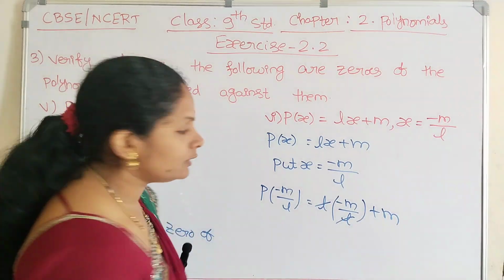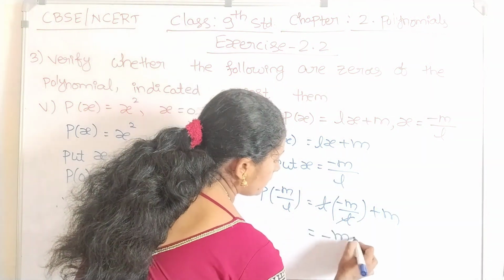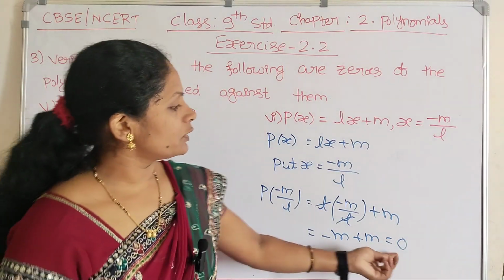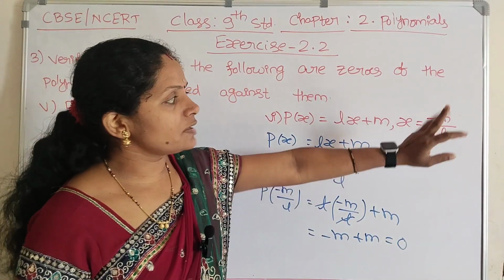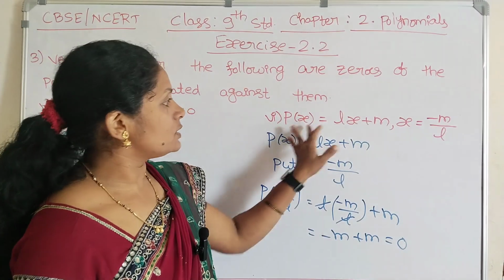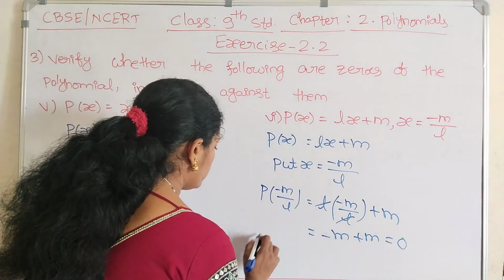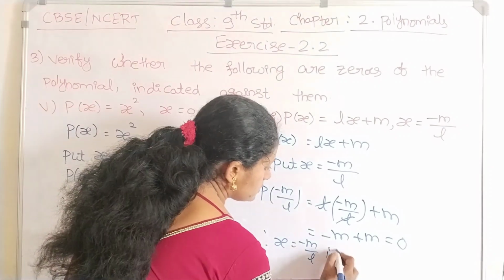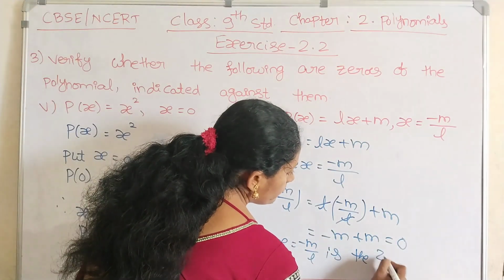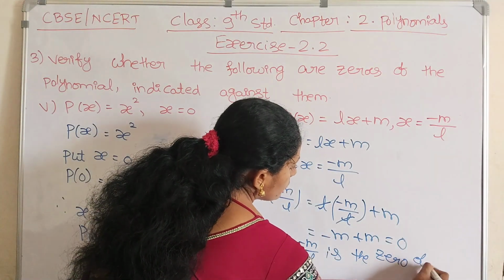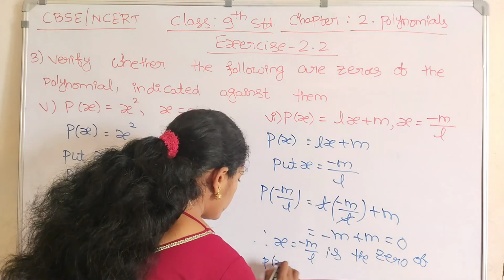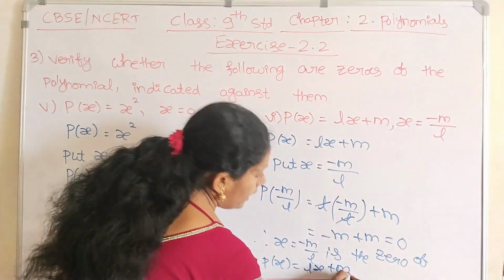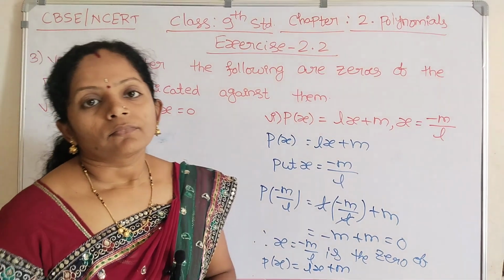L gets cancelled. What remains? Minus m plus m, which is equal to 0. As we got the 0, x is equal to minus m by L is the 0 of this polynomial. Therefore, x is equal to minus m by L is the 0 of P of x is equal to Lx plus m.